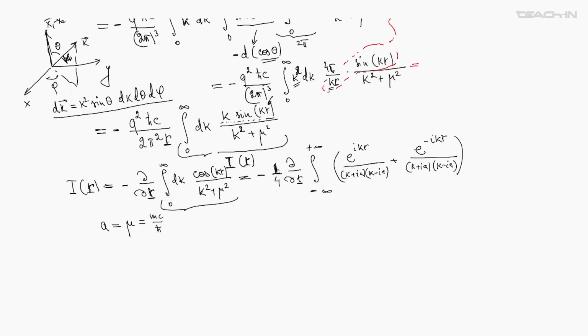In fact, we know that in natural units, where h bar and c are equal to 1, mu is just m in this system of units. But in fact, if you count physical dimensions of this quantity mc over h bar, you know that what is written down here is a quantity with a dimension of inverse length, and this is something which we call the Compton wavelength of a particle with mass m.